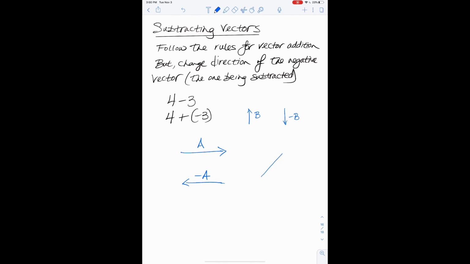If I have a vector that points like this, and this is A, or let's give it a different letter, we'll call it C. Then this right here, a parallel vector but pointed in the other direction, would be negative C. And we're going to use that idea right there.